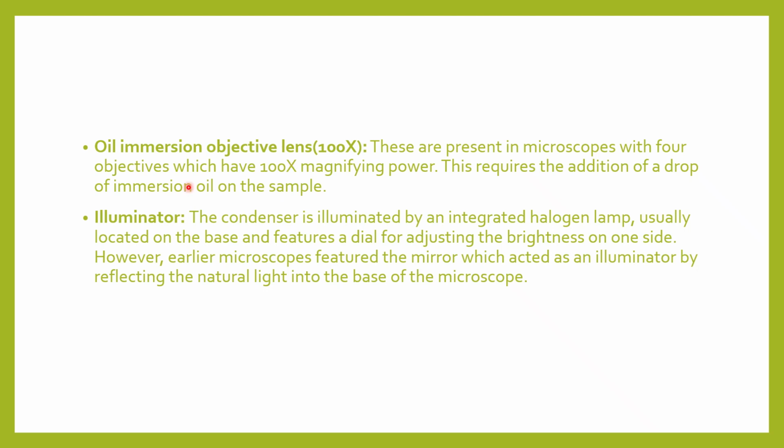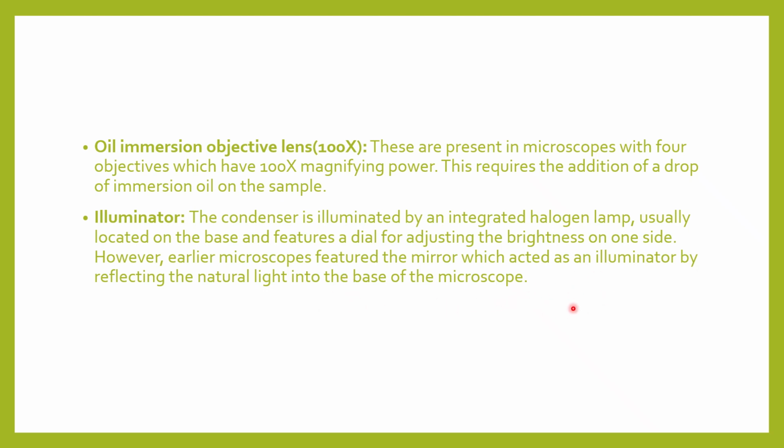Okay, and then the illuminator. The illuminator is the light source here. The condenser is illuminated by an integrated halogen lamp, usually located at the base, and features a dial for adjusting the brightness on one side. However, earlier microscopes featured a mirror, which acted as an illuminator by reflecting natural light into the base of the microscope.